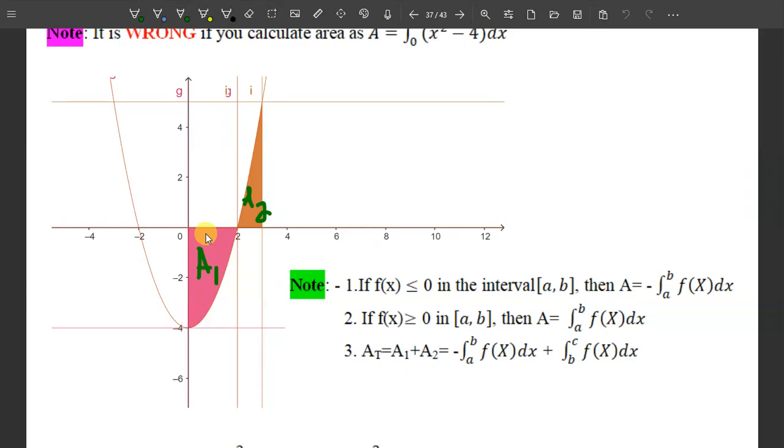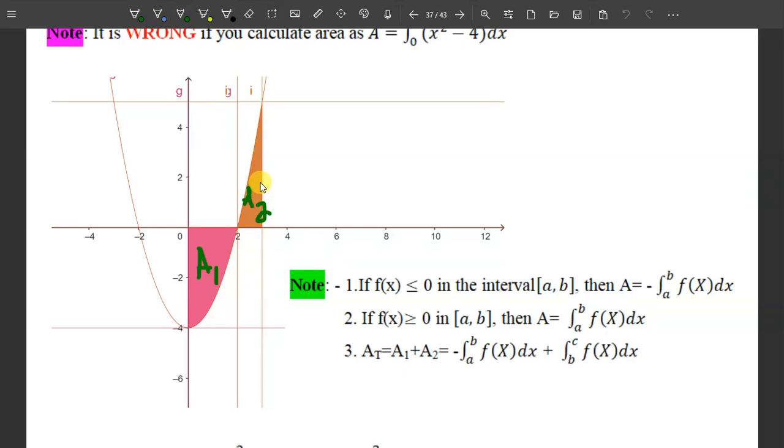As you can see, one part is below the x-axis and the other part is above the x-axis, which means in the interval from 0 up to 2 it is below the x-axis, and from 2 up to 3 the region enclosed between the graph f of x and the x-axis is above it.